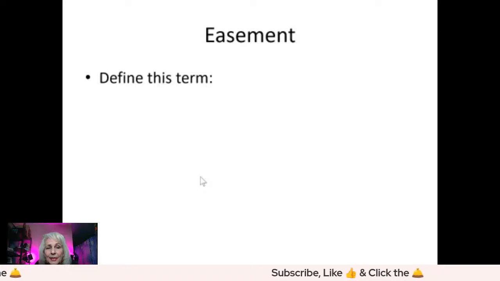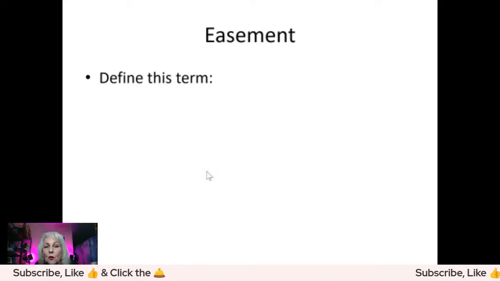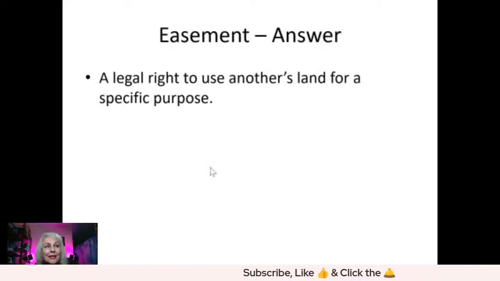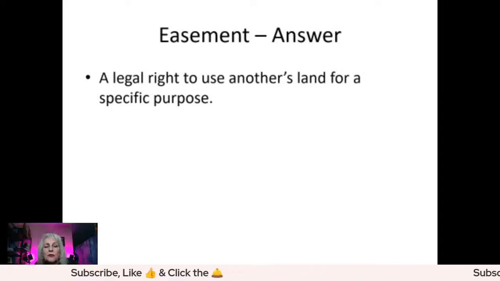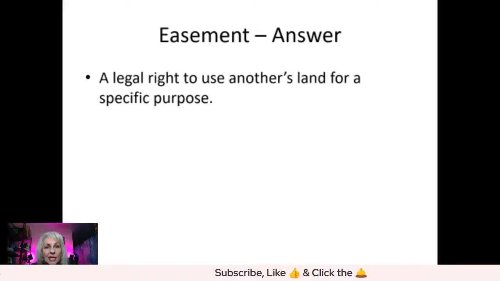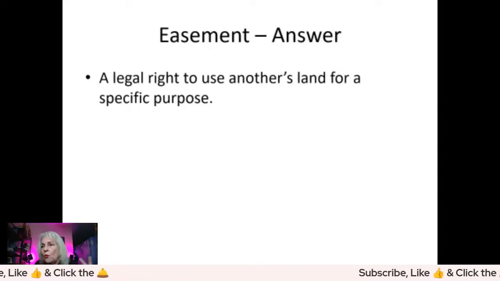An easement, as I just mentioned, easements can be recorded or unrecorded. In order to go with the land, to move with the land as a chattel, they need to be recorded. So it is a legal right to use another's land for a specific purpose. Again, an easement. Now, an easement can be a public easement, the utility easements: power, sewer, water.